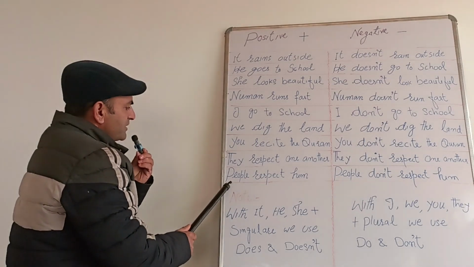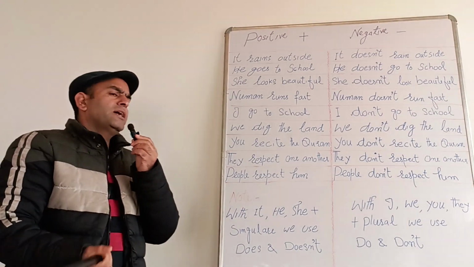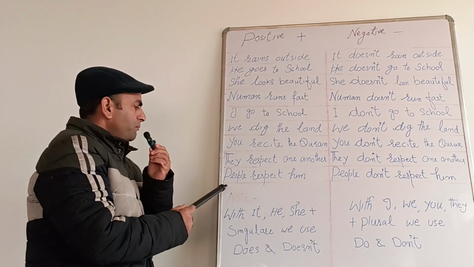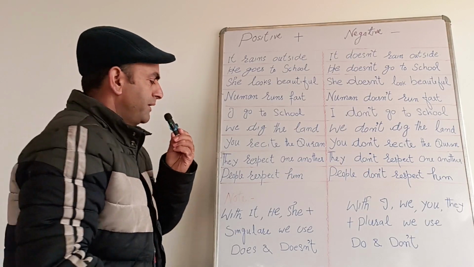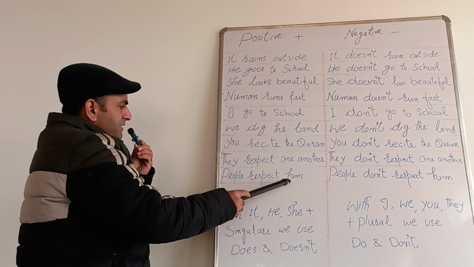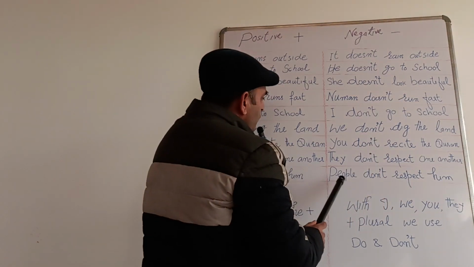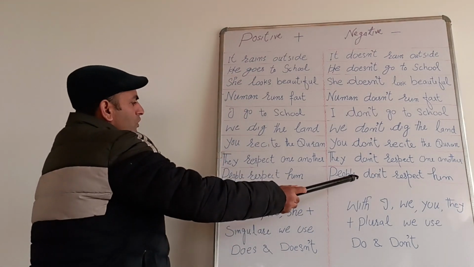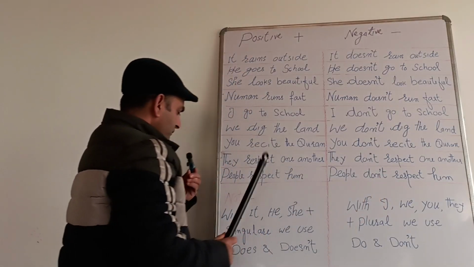People respect him. This is plural, people. You can give any kind of example here, but I have written people because it represents a group of men. People respect him. People don't respect him. With plural we have to use don't, like people don't respect him.